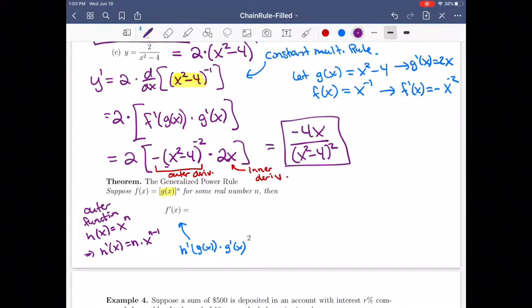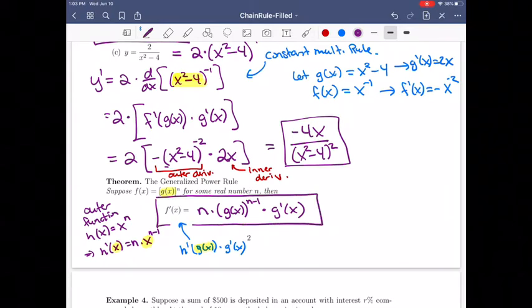So what that looks like is it's going to be n, and now instead of x here, I'm going to put in g of x. So it's going to be n times g of x to the power n minus 1 multiplied by the derivative of the inside. This is what we call the generalized power rule, because now I don't have to have just x to the n.